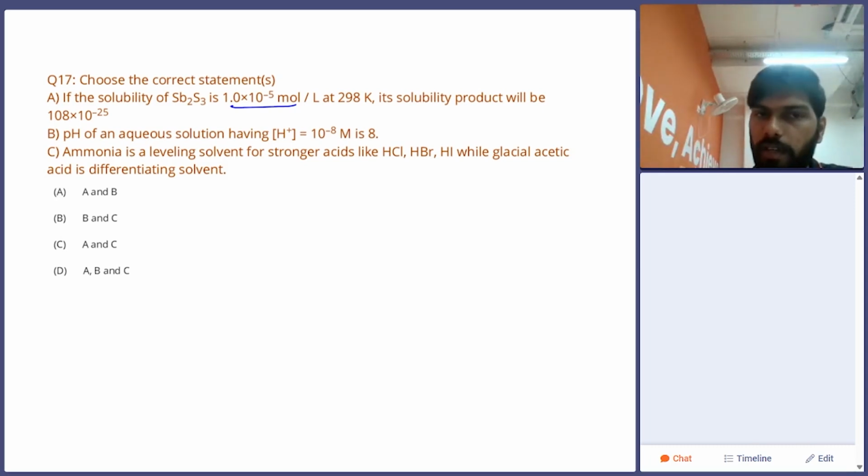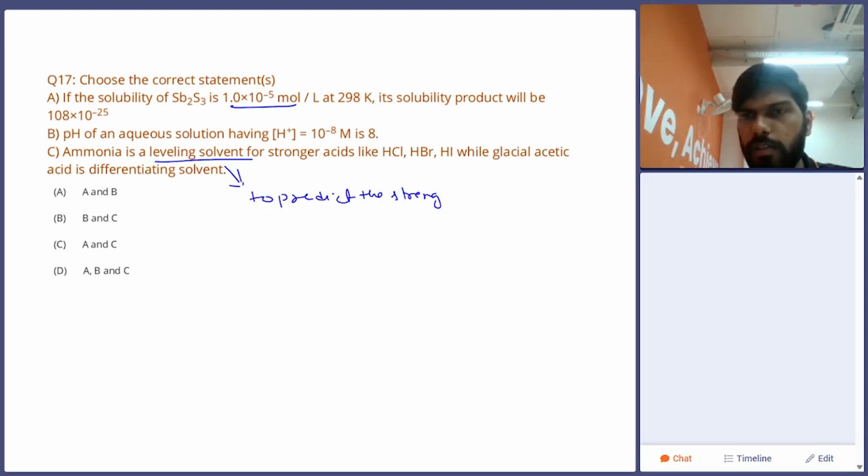Ammonia is a leveling solvent. Leveling solvent means it limits the strength of acids as well as bases.